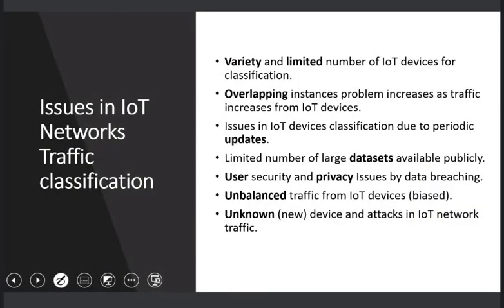Okay. So next comes how we can go for classification, and what kind of issues arise when we go for classification. There is a variety of devices, and you can say the data per device is also limited. That leads to issues for classification.